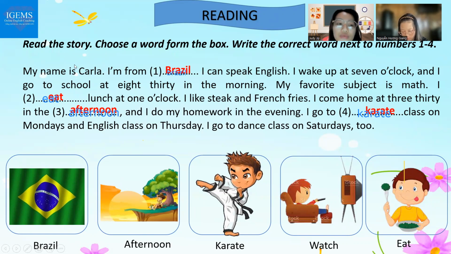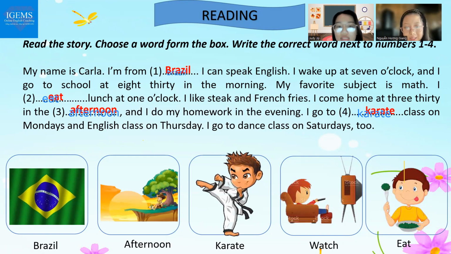Okay, now you need to read the story for me from the beginning to the end. My name is Carla. I'm from Brazil. I can speak English. I wake up at 7 o'clock and I go to school at 8:30 in the morning. My favorite subject is math. I eat lunch at 1 o'clock.